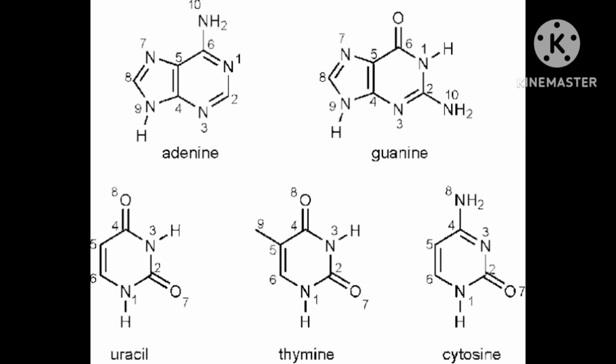From the N, C is attached with a single bond, and that is again attached to the next N with a single bond, and C is attached with oxygen, C=O. I told you between N and N, C is there. That C is attached to oxygen with a double bond.